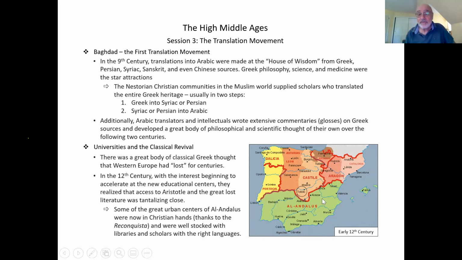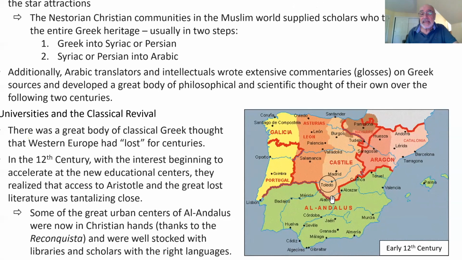All they had to do, if you see the little circle I drew in the map down below, in Toledo, which, by the way, had very recently moved that line, that red line that is showing the border between Al-Andalus or Muslim-controlled Spain and Castilian-controlled Spain.